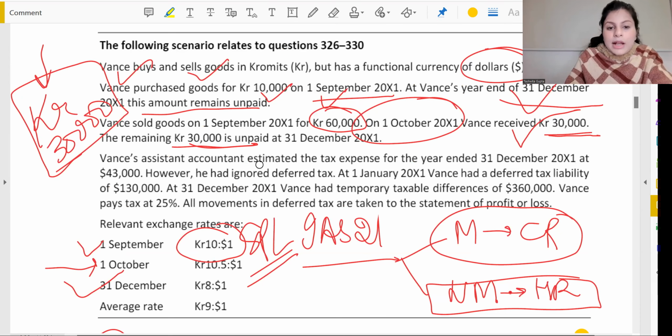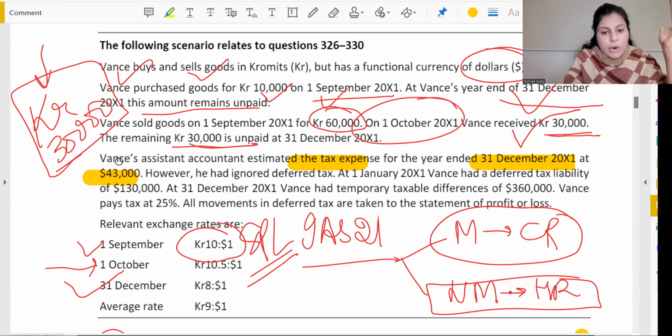Vanice's assistant accountant estimated the tax expense for the year ended 31st December at $43,000. So my this year's tax expense was 43,000. However, he had ignored deferred tax, which is wrong.